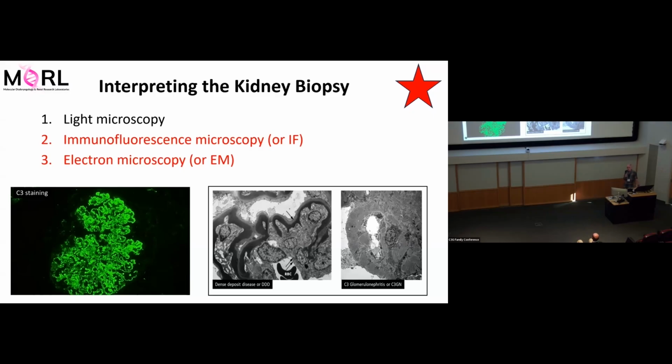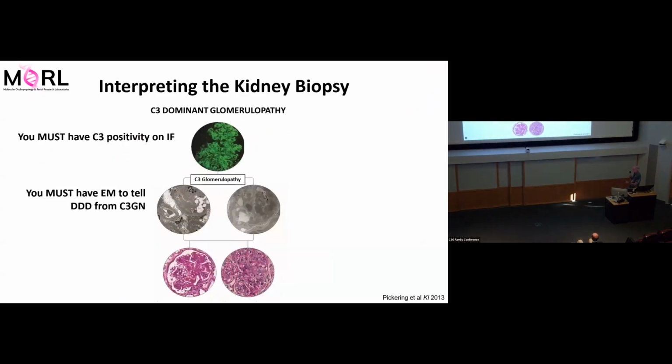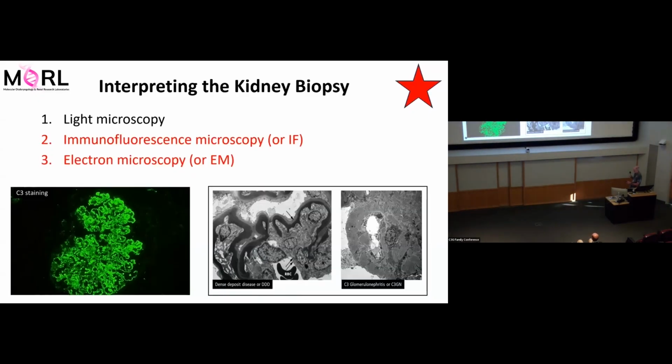So when Carla and I read biopsies that you've had, we look at the IF and we want to know how dominant the C3 staining is, which is shown here. And typically it has to be 2 orders of magnitude greater than any other immunoreactant.